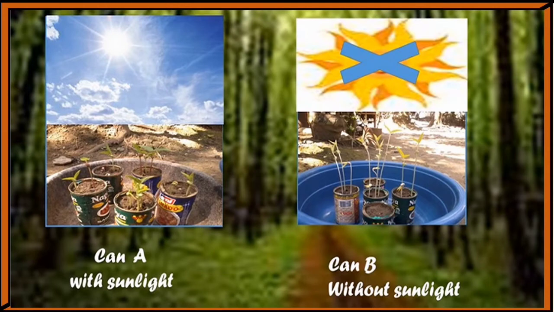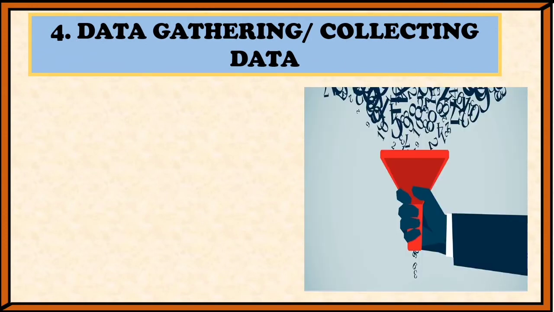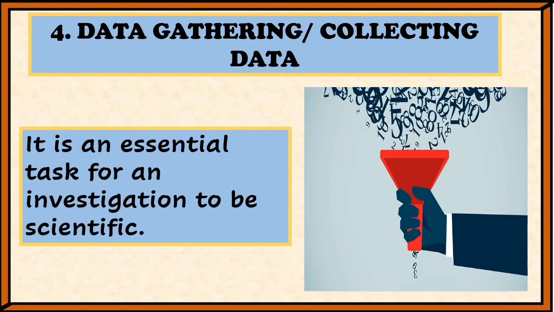So we need to observe can A with sunlight and can B without sunlight. So during observations, we need to collect or gather data. This will help make the results reliable, scientific, and valid.